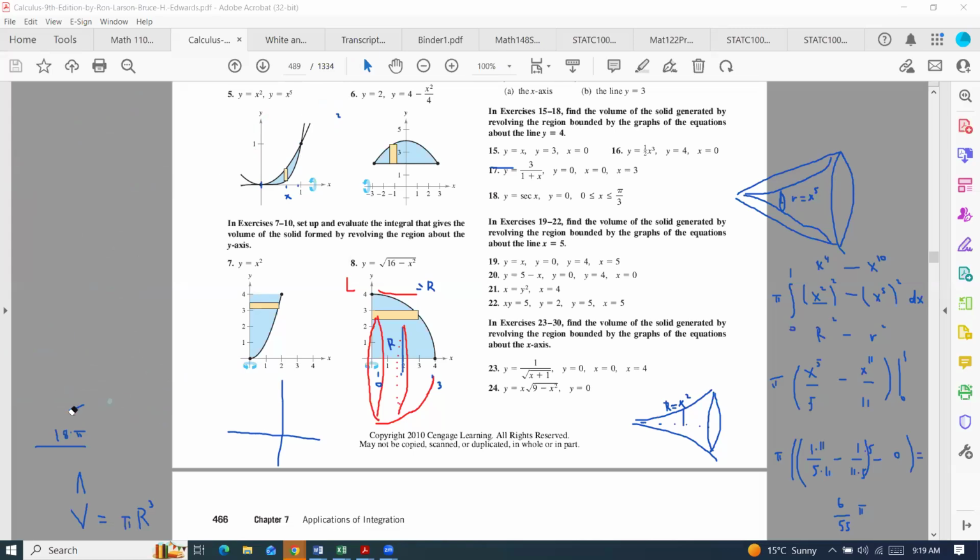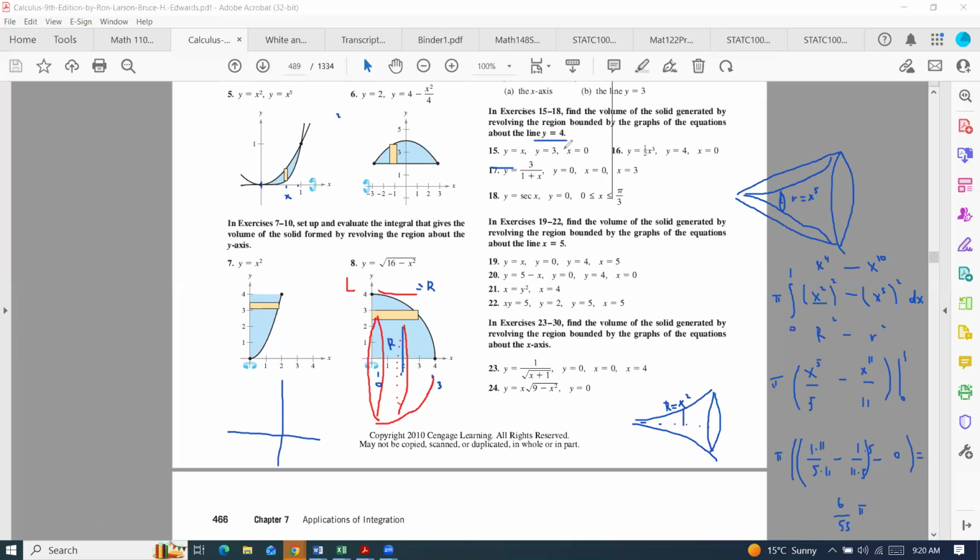So we'll start with horizontal rotations, and the exercises in the next group ask, what if you rotate, let's say, about y equals 4? So if I want to do one of these problems.